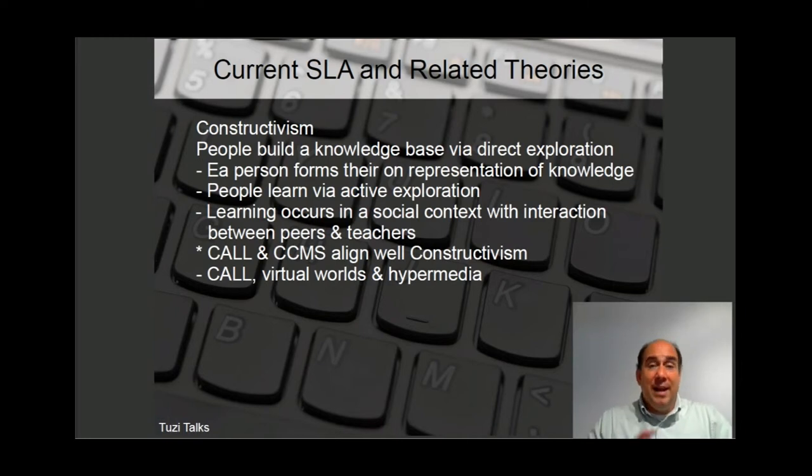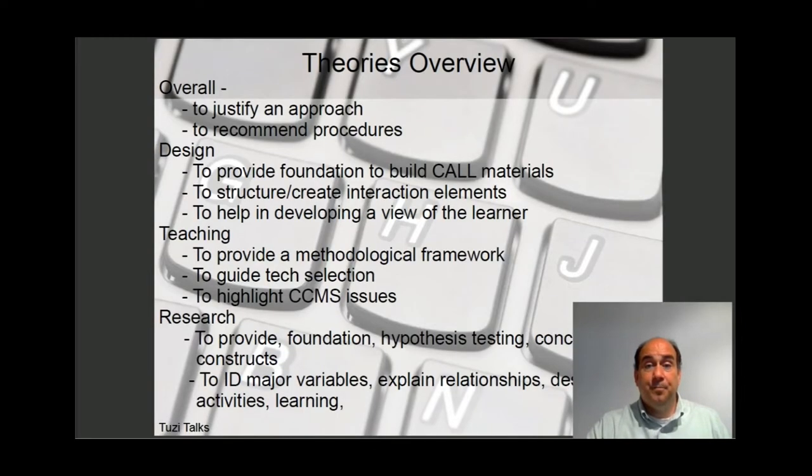So you've got Vygotsky's social, the I plus one, the me plus somebody else, that zone of proximal development. You've got Krashen, Long, Swain, Doughty, all talking about how language is being developed in the mind. And then you've got the constructivist group that says, hey, it's a community where we go out and explore and we're learning language. You can see how there are differences between these three. They are all related, of course.